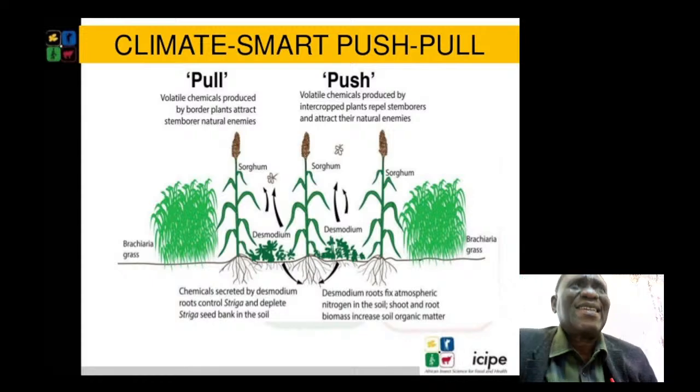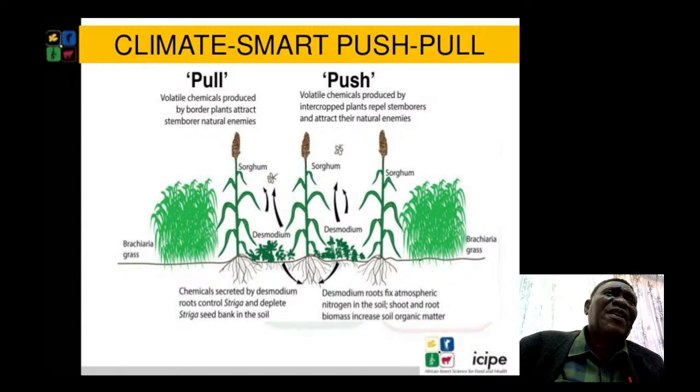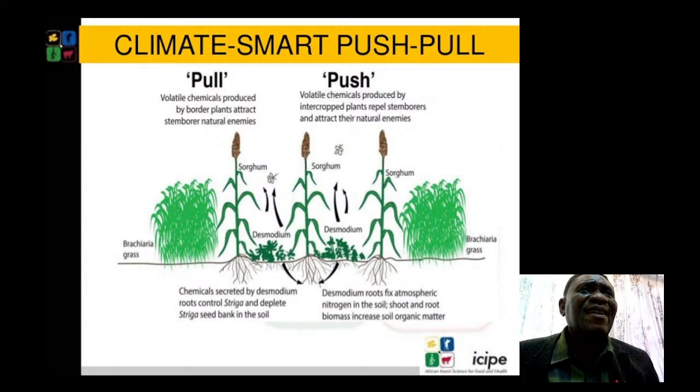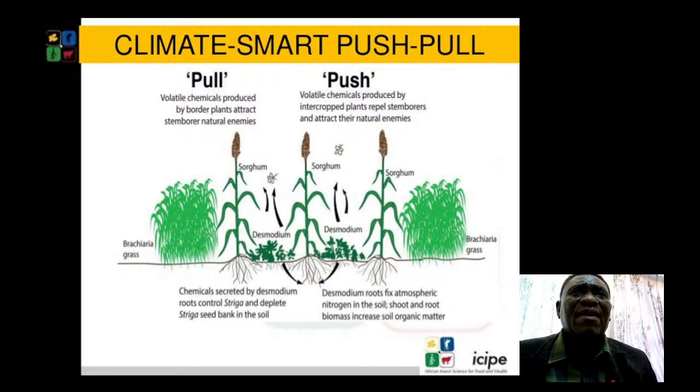There's this climate-smart push-pull, which I want to explain. Here we've got a problem where we have a parasite. This is sorghum. Then here we've got Brachiaria grass. So you have a field of sorghum which is surrounded by Brachiaria grass.